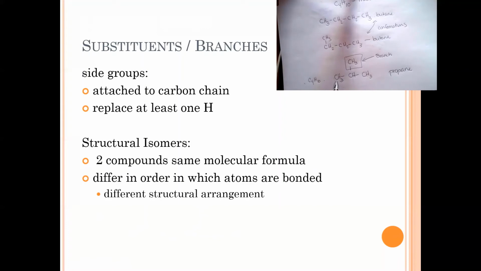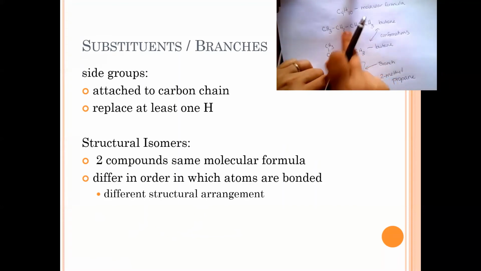In this case, it doesn't matter. 1, 2, 3. So on carbon 2, I have this group. And this actually becomes what we call 2-methylpropane. Okay? And now this one here, and butane, are considered to be structural isomers.